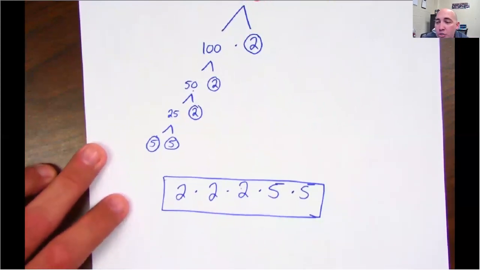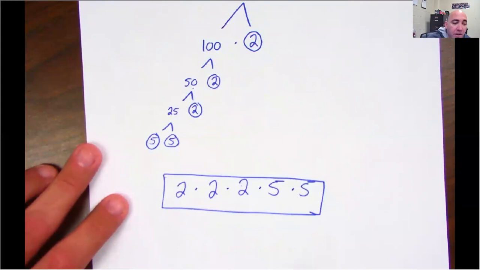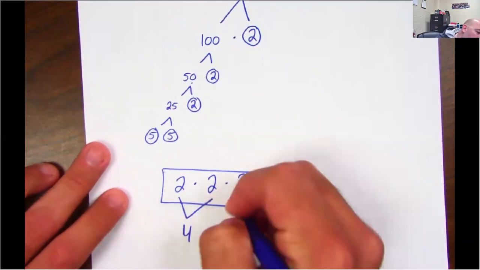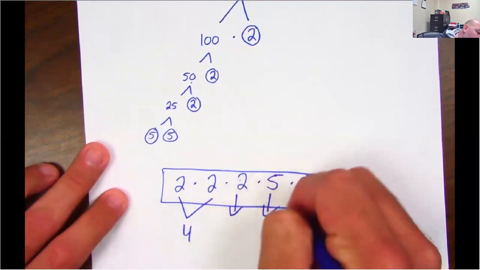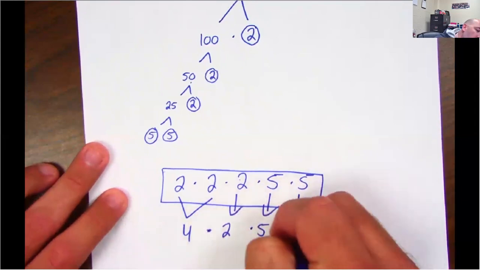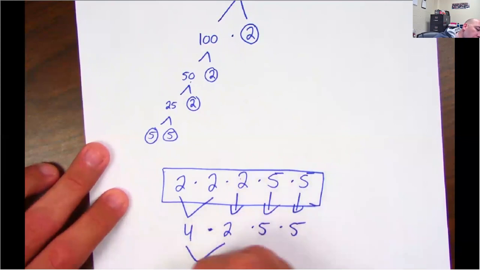Now let's make sure that if I multiplied all these numbers, it gives me 200. Well, guys, 2 times 2 is 4. Bringing everything else down. 4 times 2 is 8.